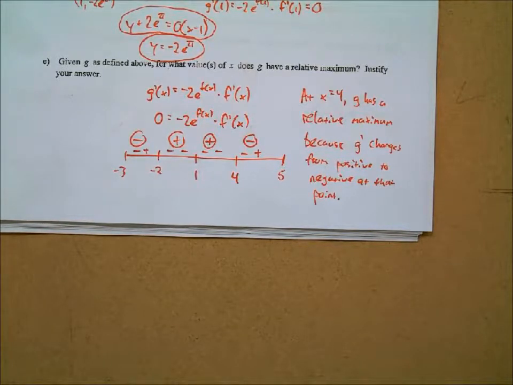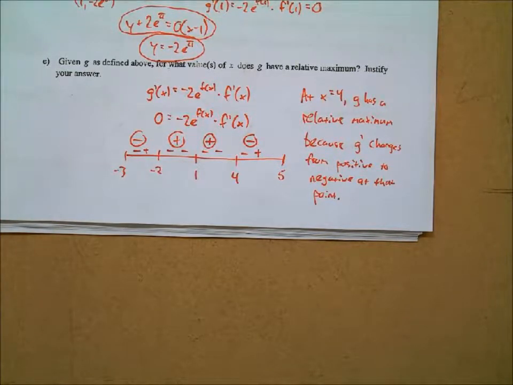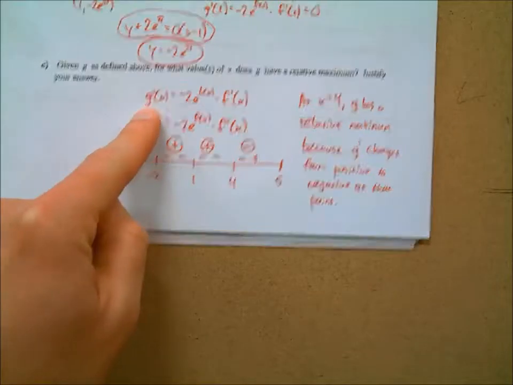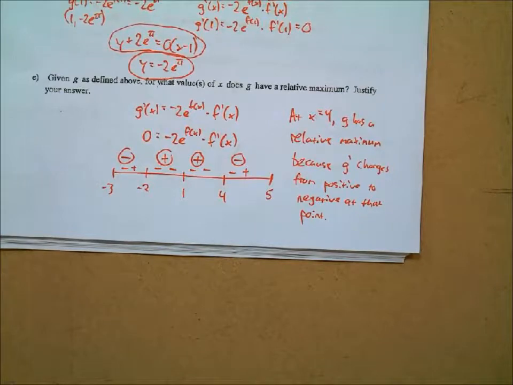You might also be able to justify this from the second derivative test. I mean, you'd have to take the second derivative of G prime and then plug the critical points, -2, 1, and 4, into the second derivative, and see if you could evaluate it that way. Might work, might not. I don't know. But the first derivative test also works there. Okay? Questions on any of that?